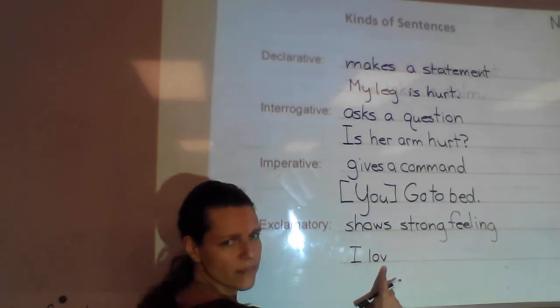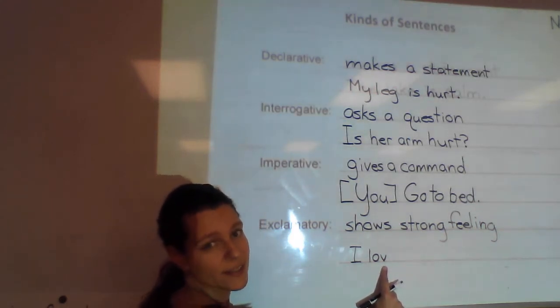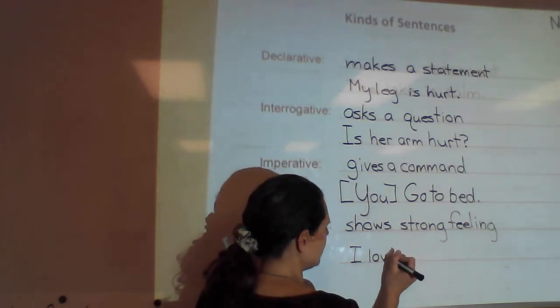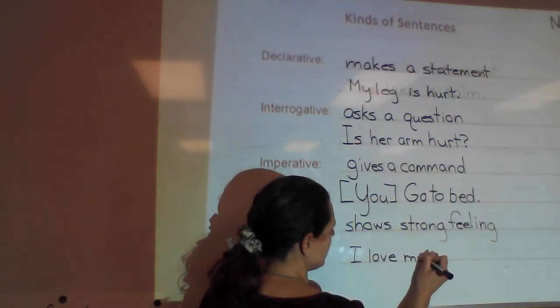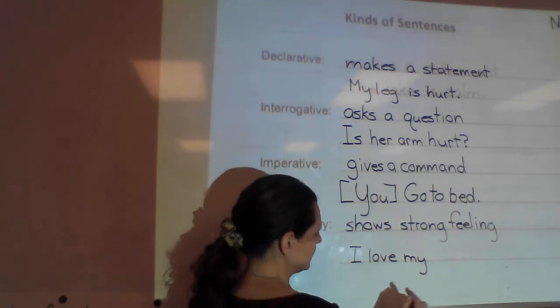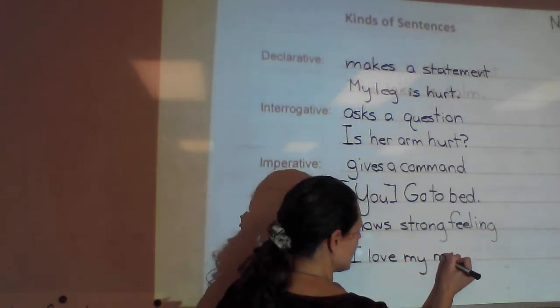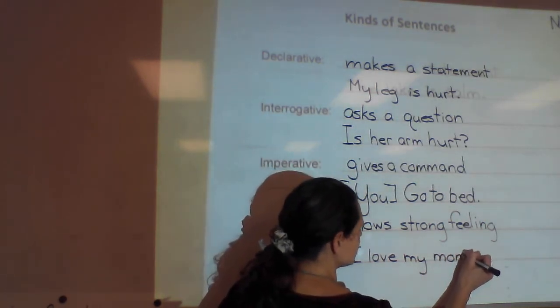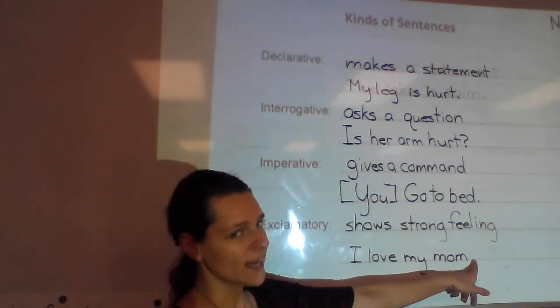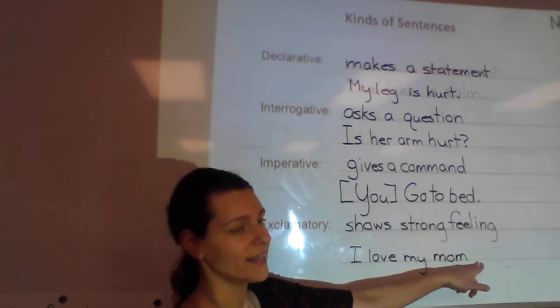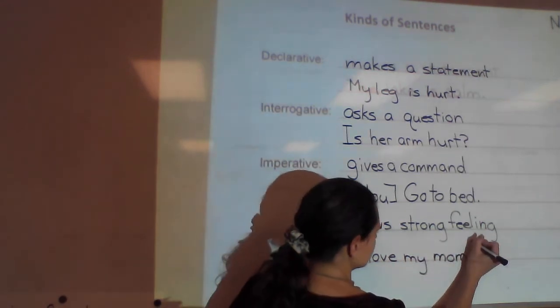English words don't end with V, so what do I have to add? Good. Silent final E job 2. I love my mom. What kind of end mark would I use? Good. An exclamation point.